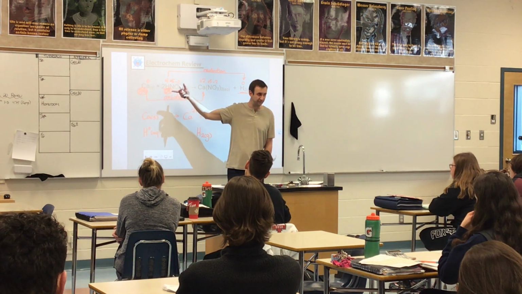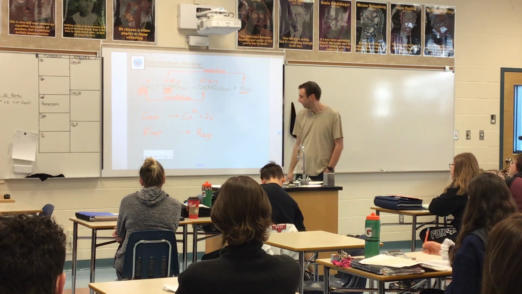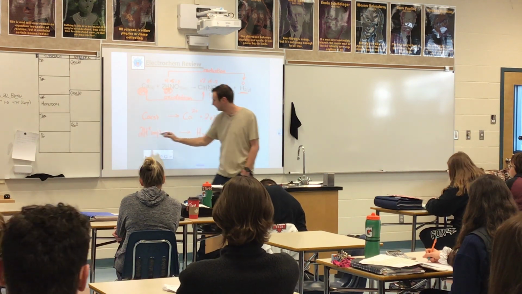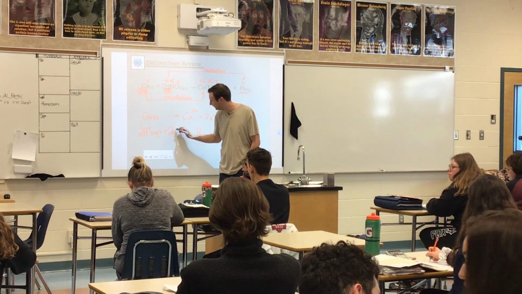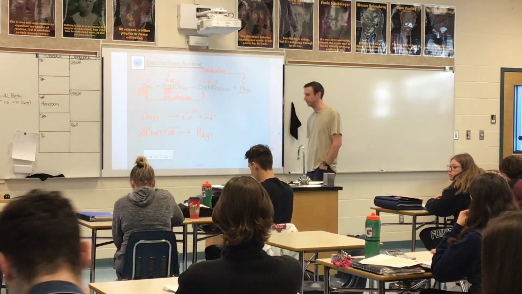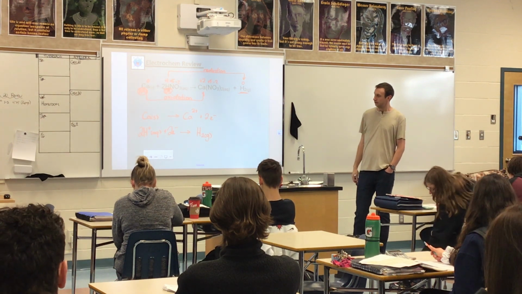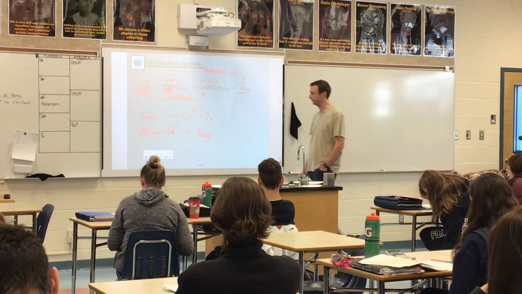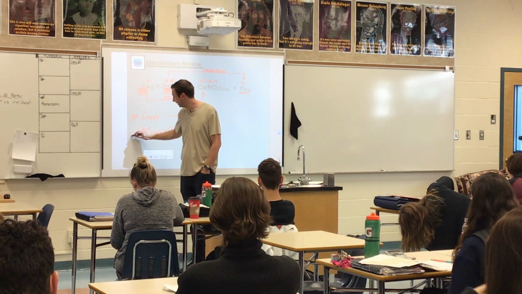So I can split it up into H positive and nitrate. So in order to make this work, I need to make sure I have 2 hydrogens going in to match the 2 I have coming out. And then I have 2 electrons as a reactant in order to make that work for charge on the left and the right. Okay, that's it. So this is my oxidation, and this is my reduction.